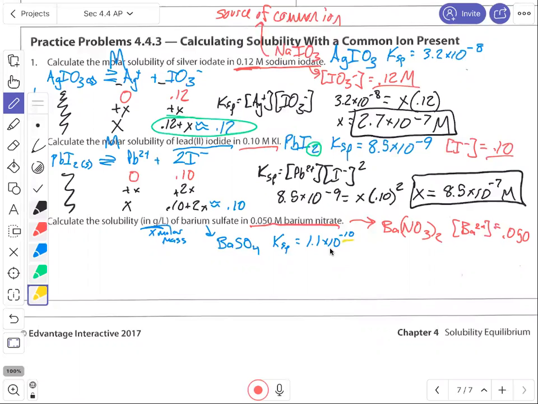We're still going to be able to make the assumption that we can just ignore the plus x here. So that's the information you need. Go ahead and set up this one, and we'll see what you get for the value of the molar solubility x. And then remember that you'll have to multiply it by the molar mass to get the final answer of grams per liter.